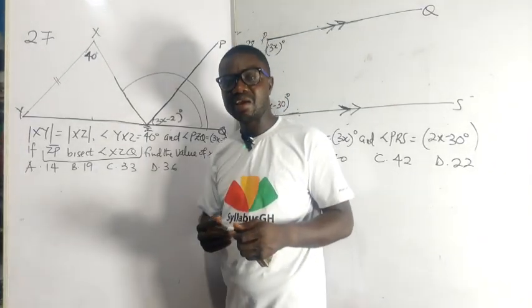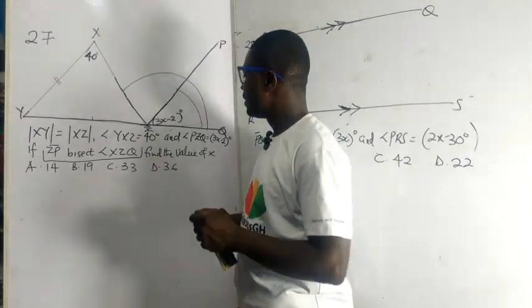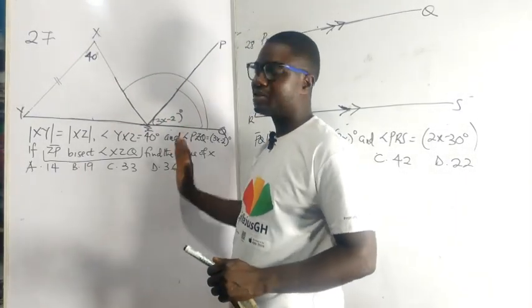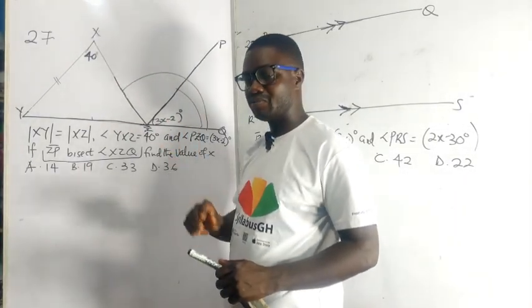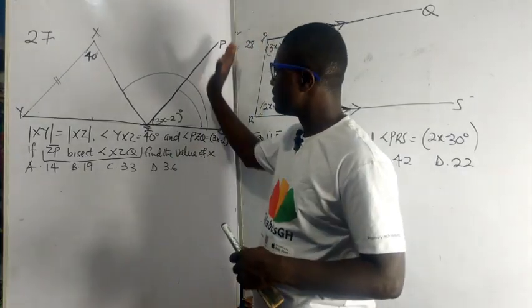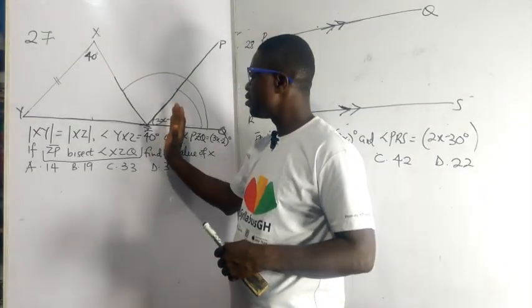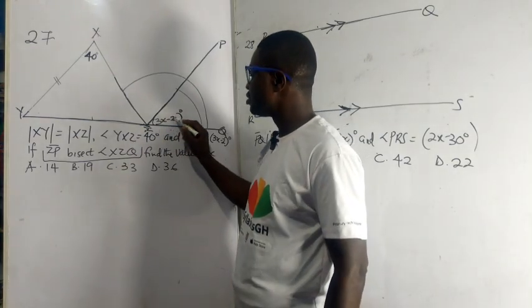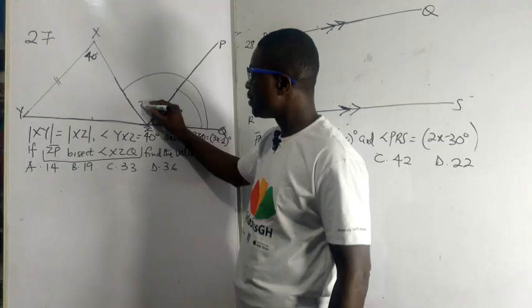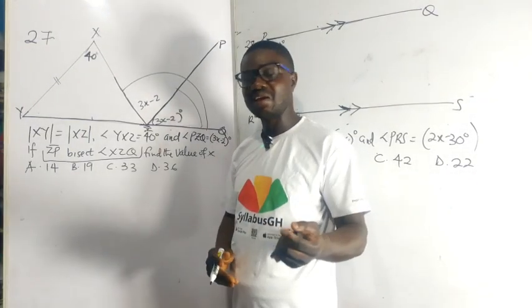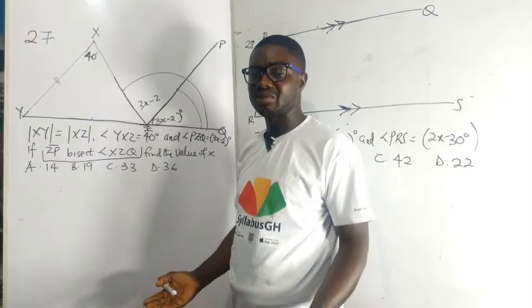Now when a bisector is bisecting an angle, it is bisecting it equally. Now you see the trick. Since it has been bisecting this equally, it means this side, which is 3x minus 2, is also 3x minus 2. Now from here, you can easily simplify the question.